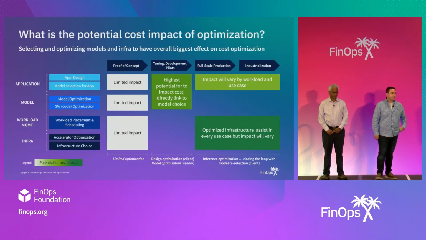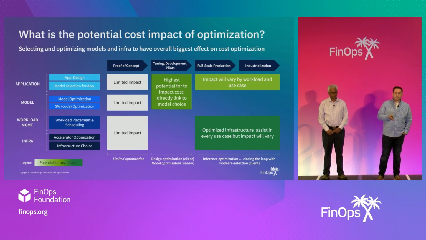And the fact is that you have different opportunities for optimization as you move through the life cycle of building, developing, and running AI workloads. If you're earlier in the process, you can have a much bigger impact on the actual cost of running these AI workloads if you can tune how many resources they're actually using.